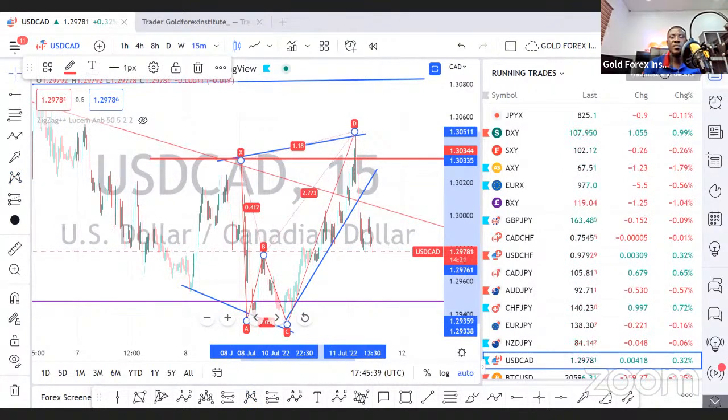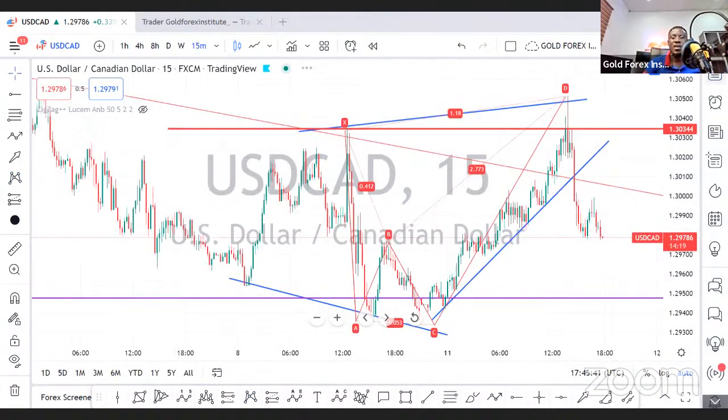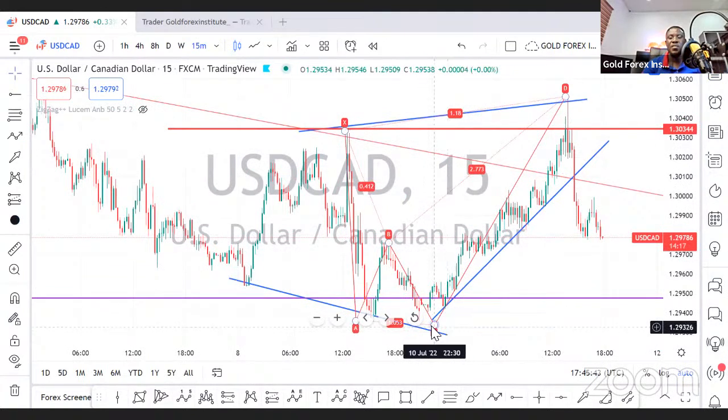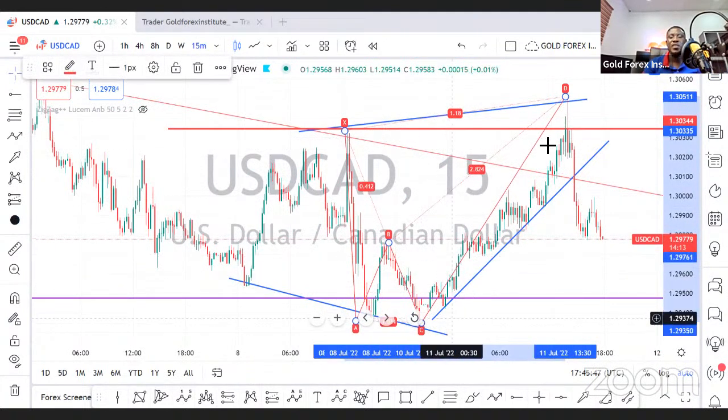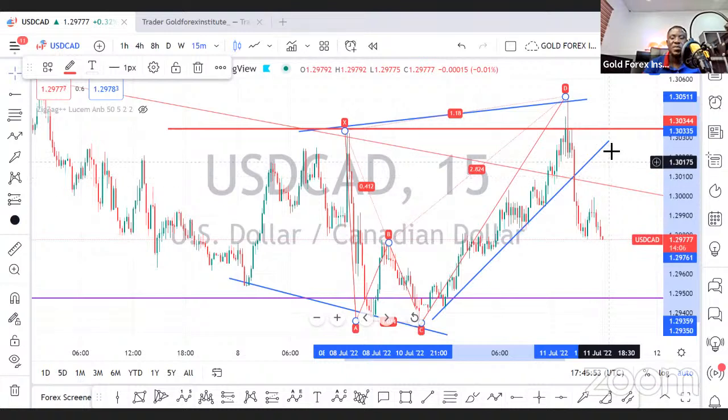Now it has broken. It can drop, but I'm still expecting it to go up a little. At least it should go up. Give me that correction. Let me enjoy the pullback, then I would enter to the downside.